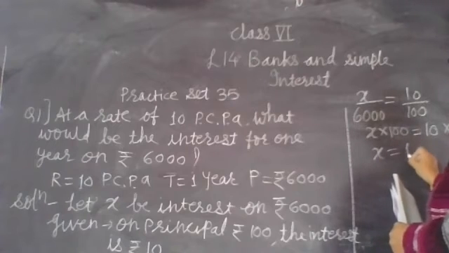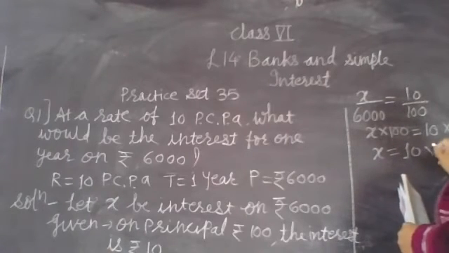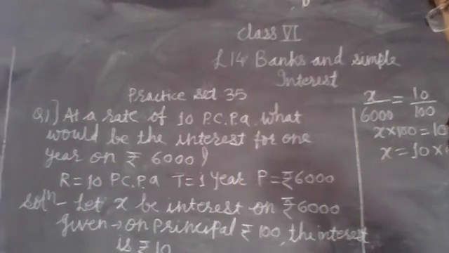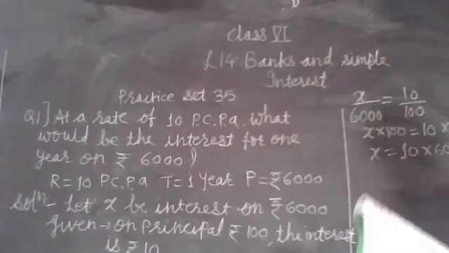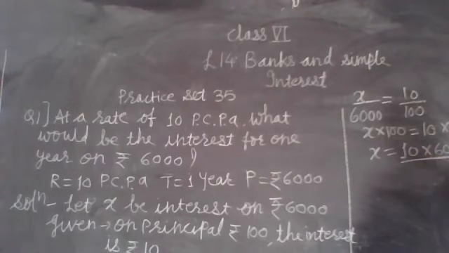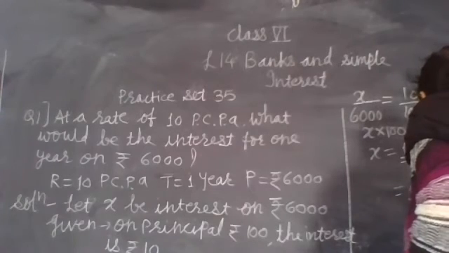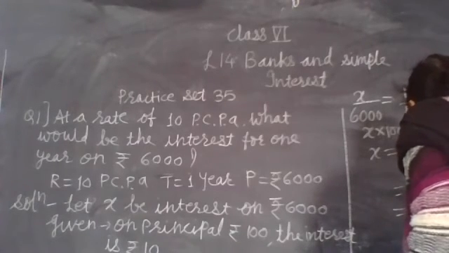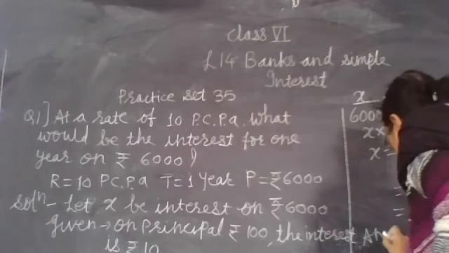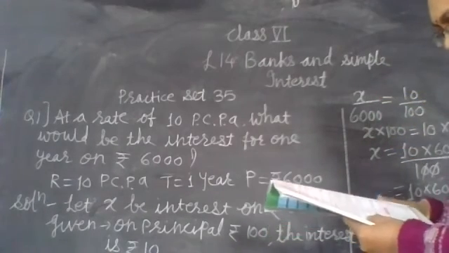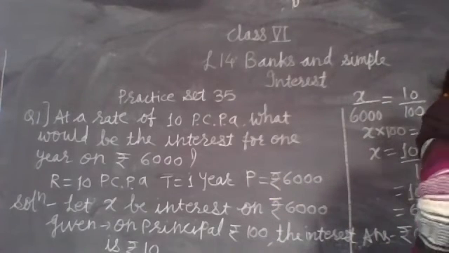So x will be equal to 10 into 6,000 upon 100. This gets cancelled, and we have 60 into 10, that is 10 into 60, that is 600. So the answer is rupees 600 is the interest for 1 year.